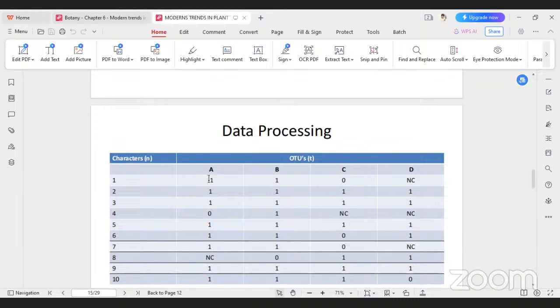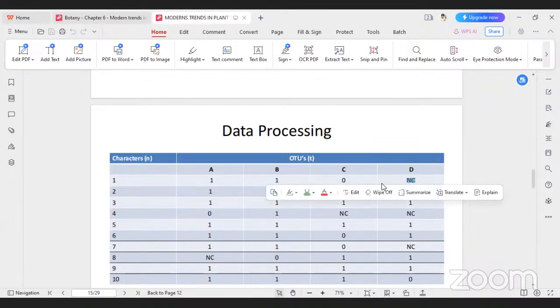For example, take one of the characters: cotyledons. This one has one cotyledon, this also has one cotyledon, but this one has no cotyledons, cotyledon character 0.